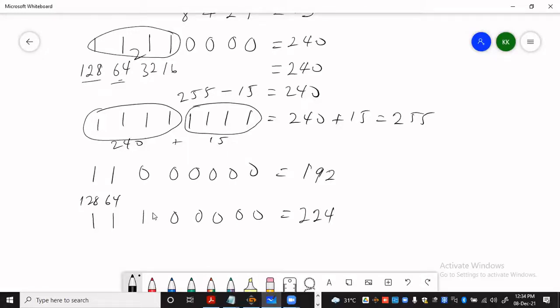Correct, because it's 128 plus 64 plus 32. Okay, you guys are catching on now. That's good.